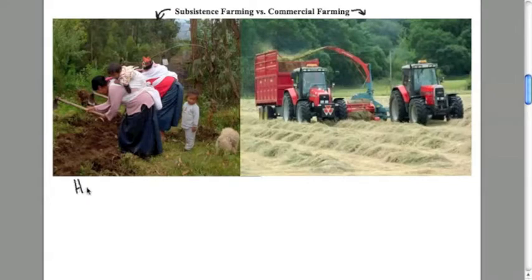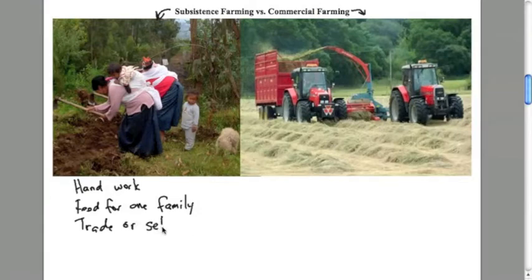Most of the work is done by hand. They're raising enough food for one family. And if they're lucky, they maybe are going to grow a little bit of food to trade or sell, but it's not going to necessarily be a whole lot of that.